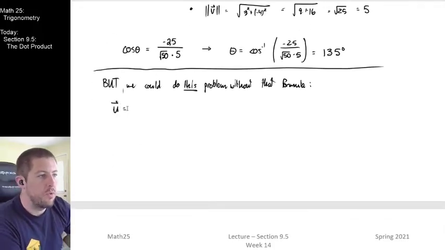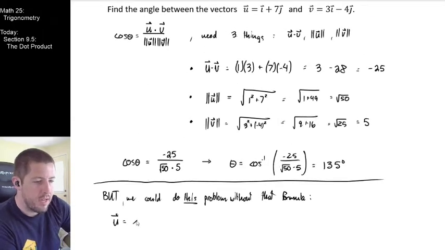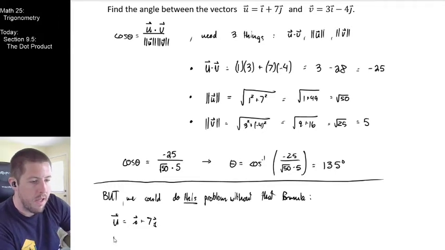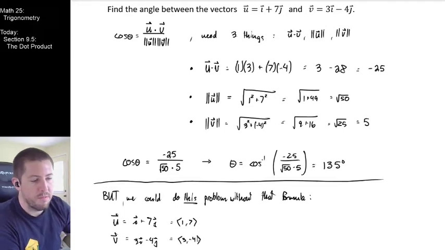So our vector u is i plus 7j, and v was our 3i minus 4j, all right? So I could think of these as 1, 7, and 3, negative 4 for my u and for my v.